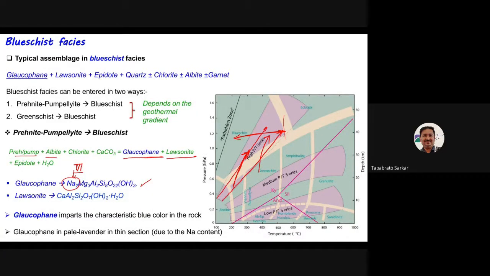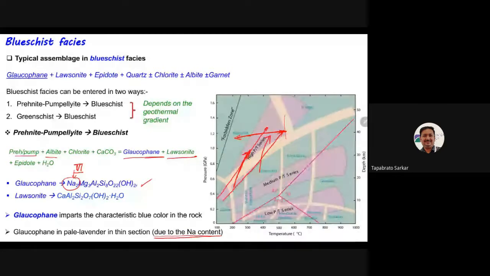And this glaucophane is blue in color, and it imparts the characteristic blue color to the rock. This is due to the high sodium content.